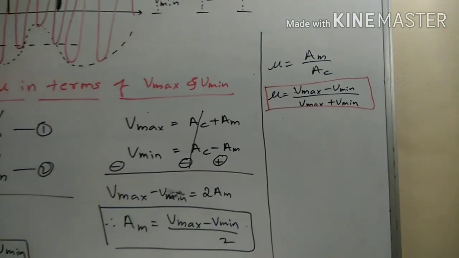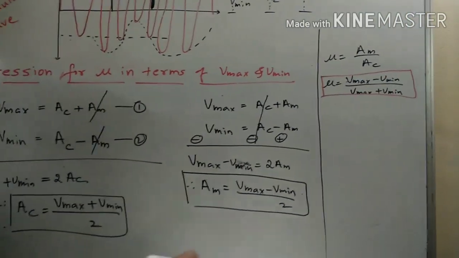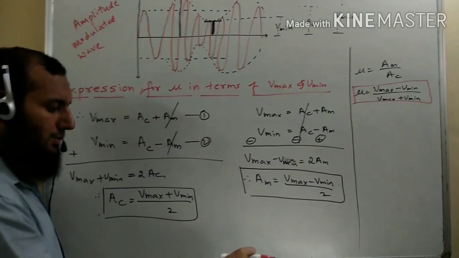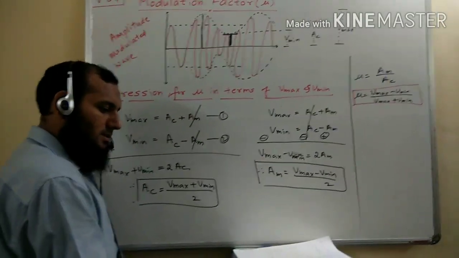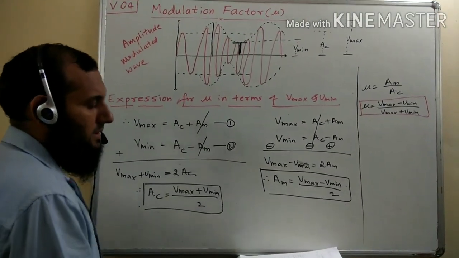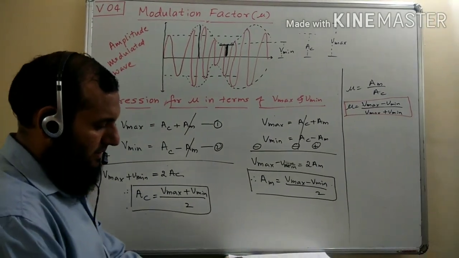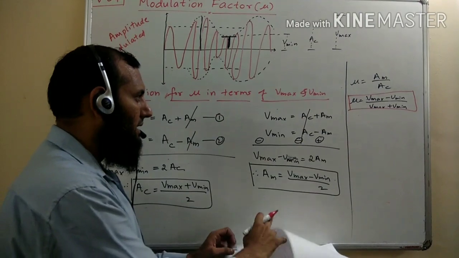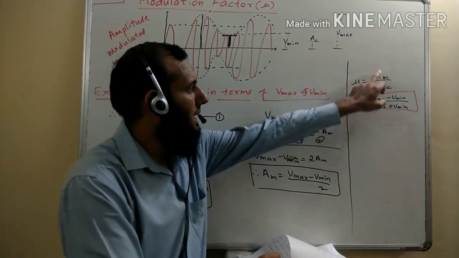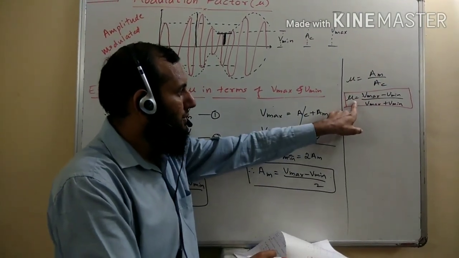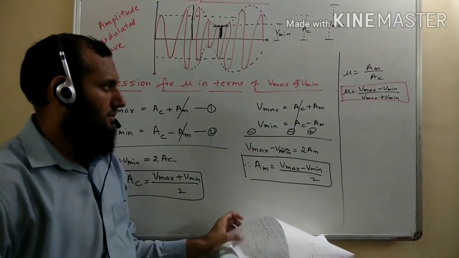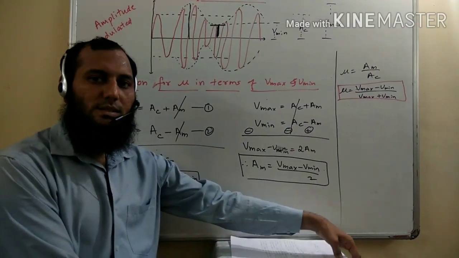So far we have seen the expressions. The first one was mu is equal to V maximum minus AC by AC. The second one was mu is equal to AC minus V minimum by AC. The third one was mu is equal to AM by AC. And the fourth one is mu is equal to V maximum minus V minimum by V maximum plus V minimum.